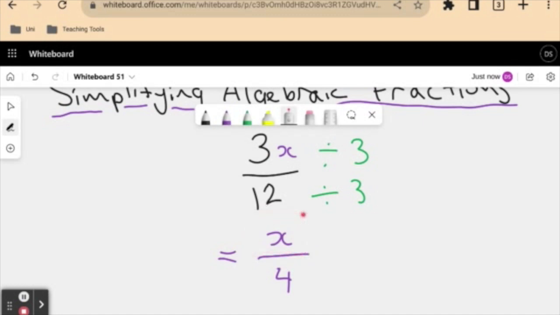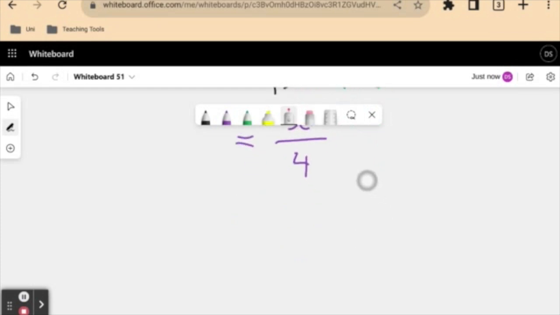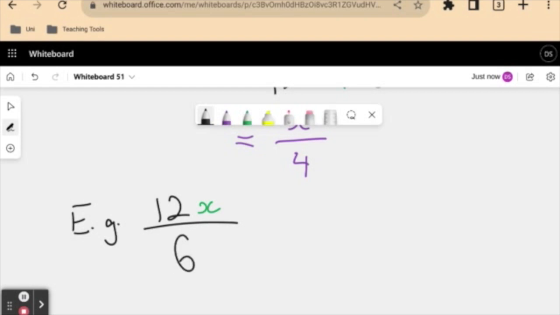Now, let's look at another example. We'll go with this example where we're going to see what happens when we have 12 multiplied by some unknown x over 6 lots of x.